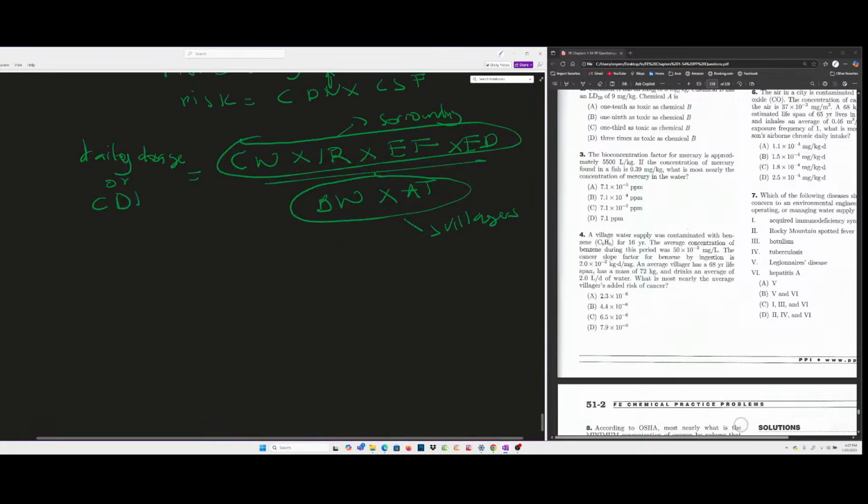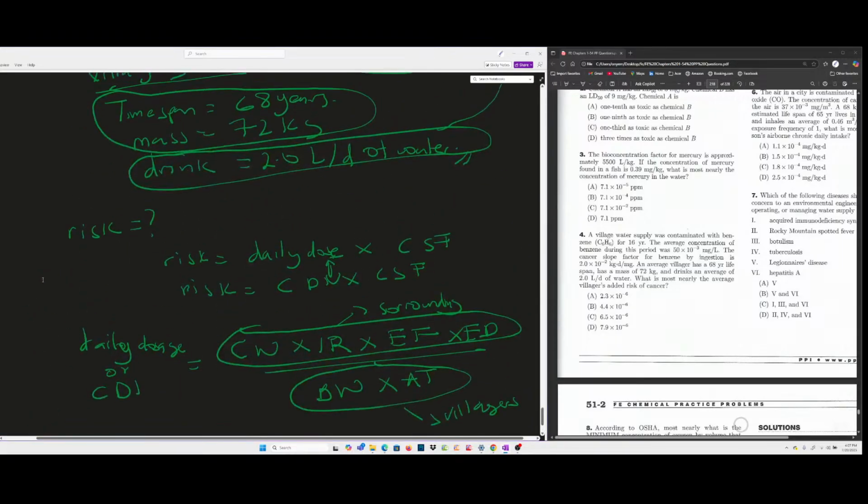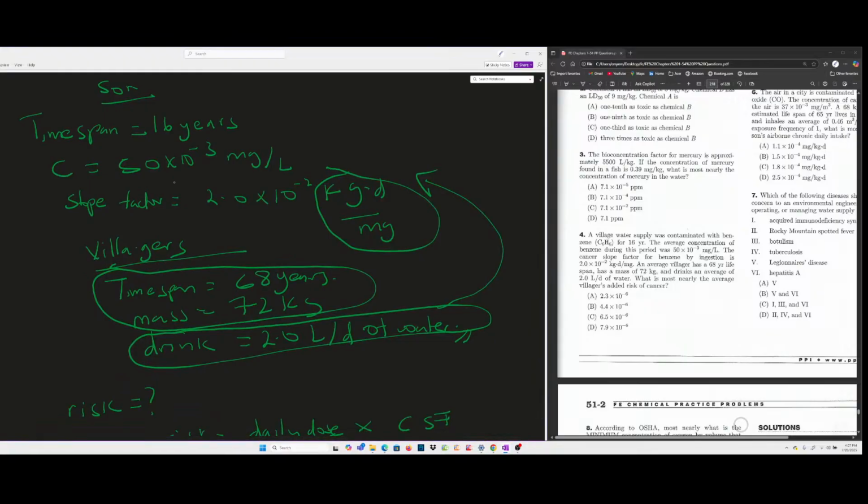So if you want to find the CDI, or daily dosage, you're going to multiply. But when we're multiplying, remember the dimensions are very important. We also need to ignore this slope factor for now, and I'll tell you why.